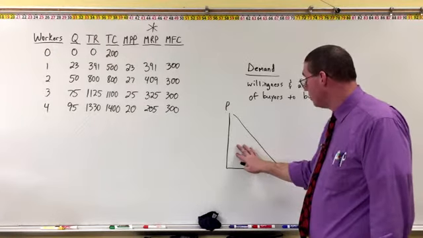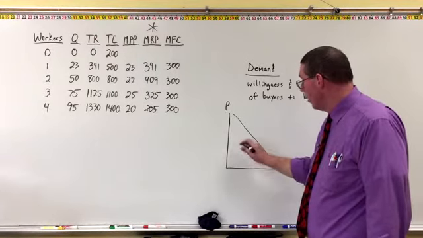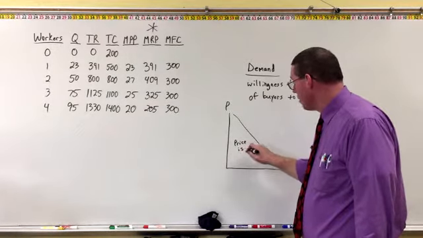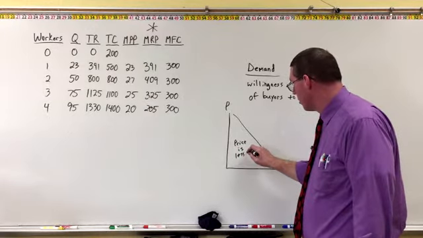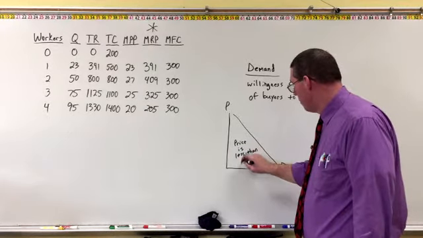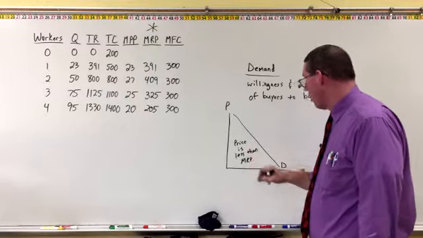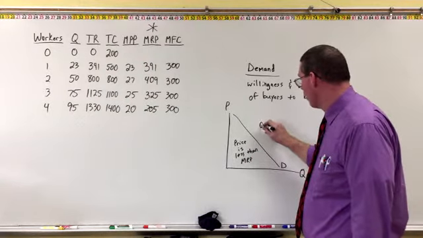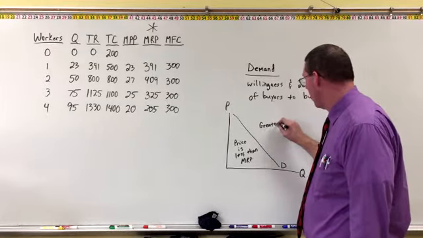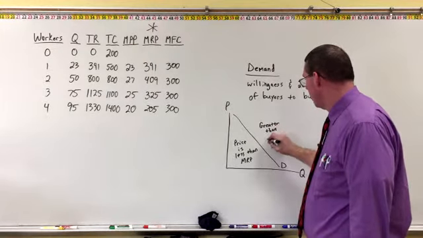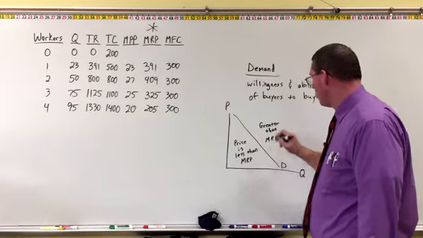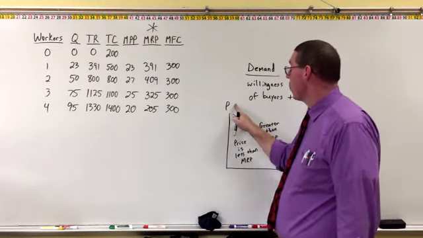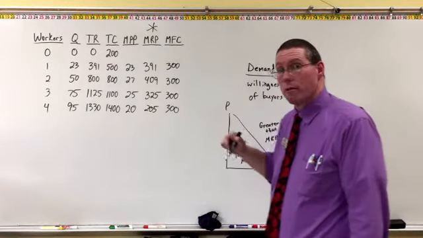Now, down here, the price is less than marginal revenue product. But up here, it's greater than the marginal revenue product. In fact, the price, if we understand this correctly, is the factor cost, right?